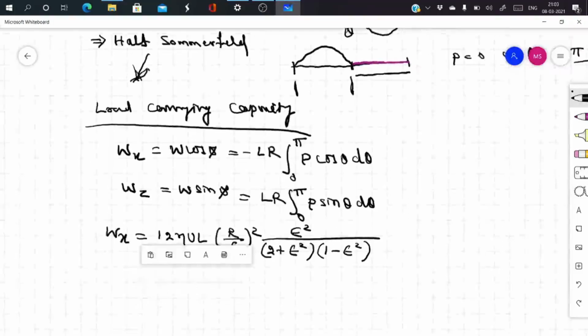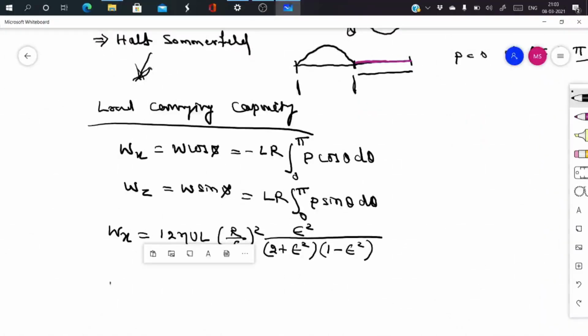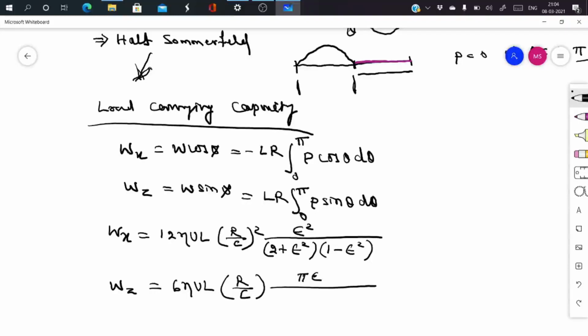Similarly, you will get Wz as 6 eta u L, pi epsilon over 2 plus epsilon square, 1 minus epsilon square to the power half.